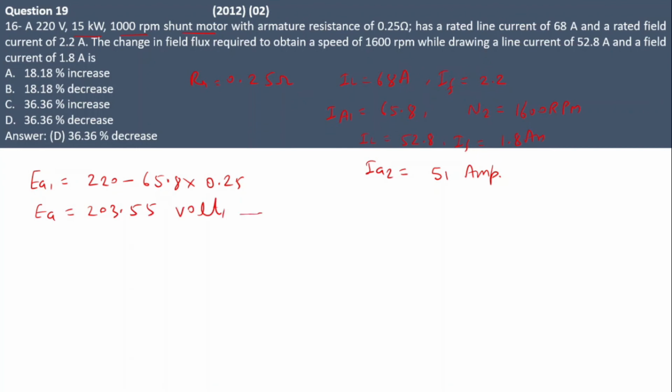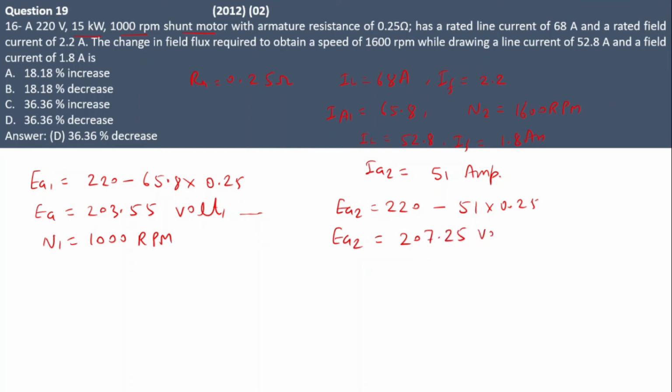at how much rpm? 1000 rpm. Find out Ea2. 220 minus Ia Ra, 51 into 0.25. Ea2 equal to 207.25 volts.